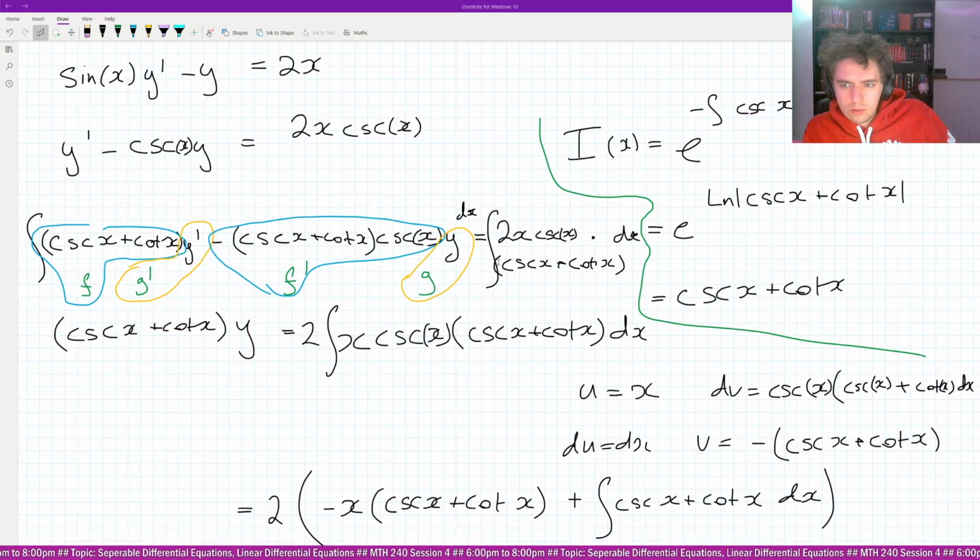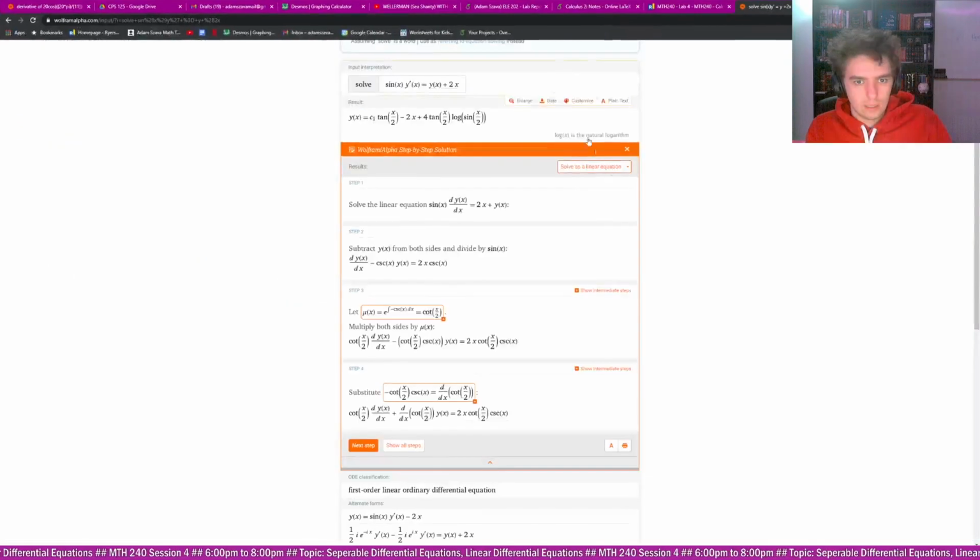Oh, that's strange. What number was it? 229, right? Okay, so right off the bat, Wolfram has a different integrating factor.